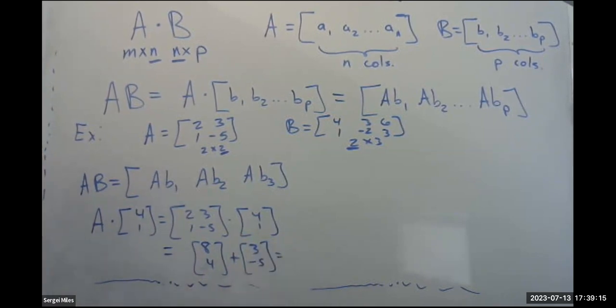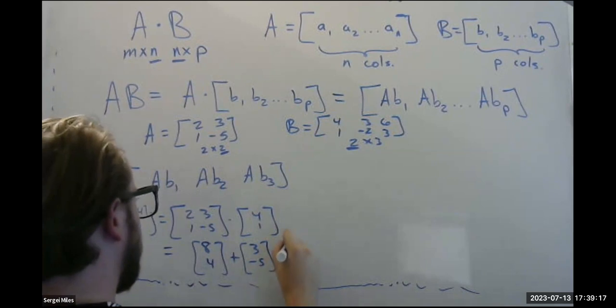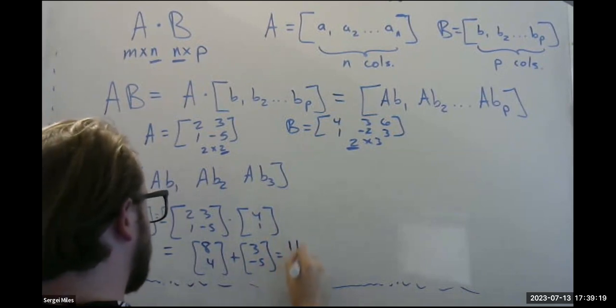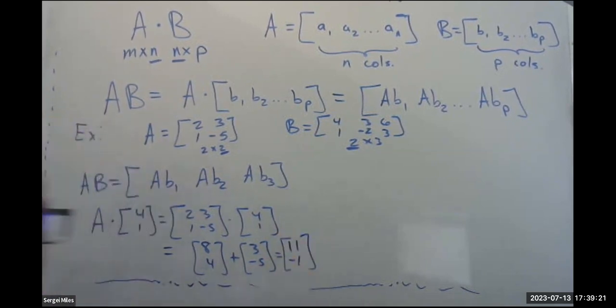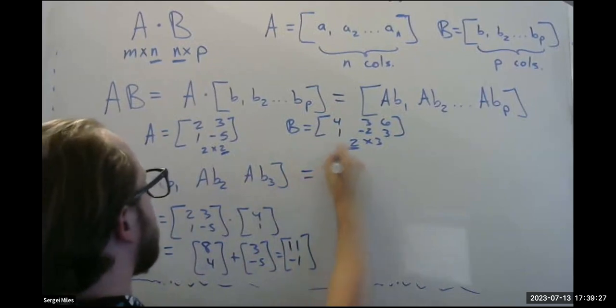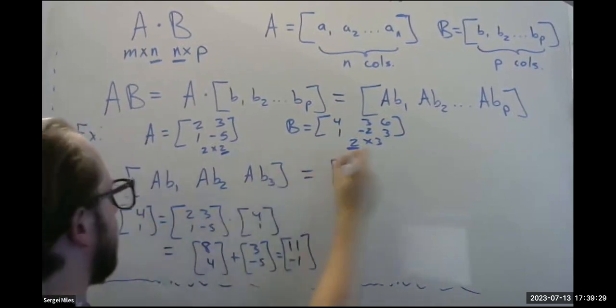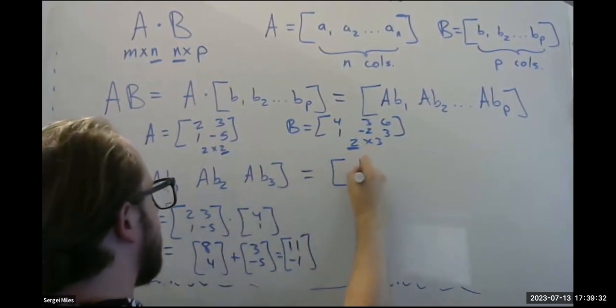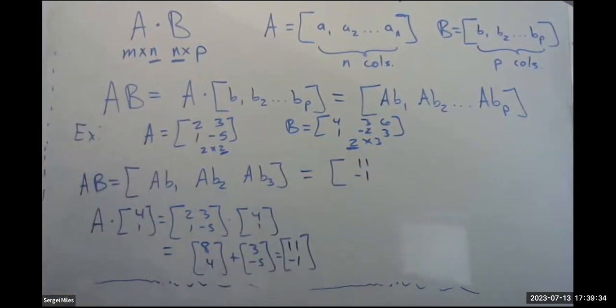And we get a brand new column of 11, -1. Right? And so this will be the first column of A times B. This is 11, -1. All right, great.